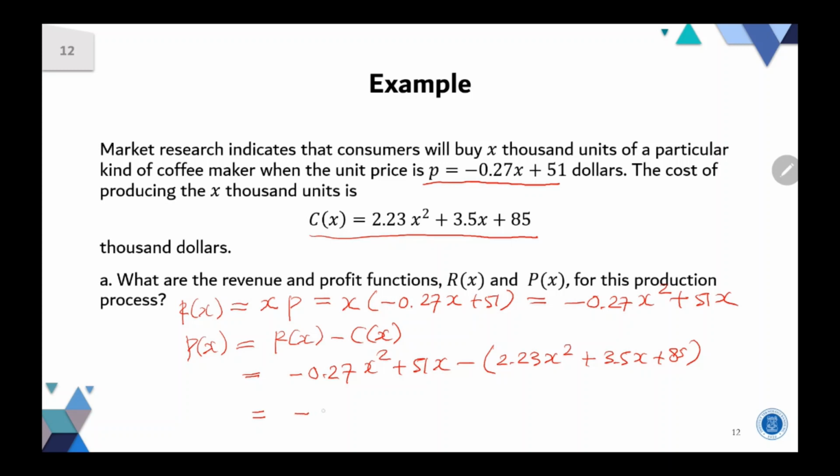So this is minus 2.5x squared plus 51 minus 3.5 and then minus 85. Okay, so this is the profit function.